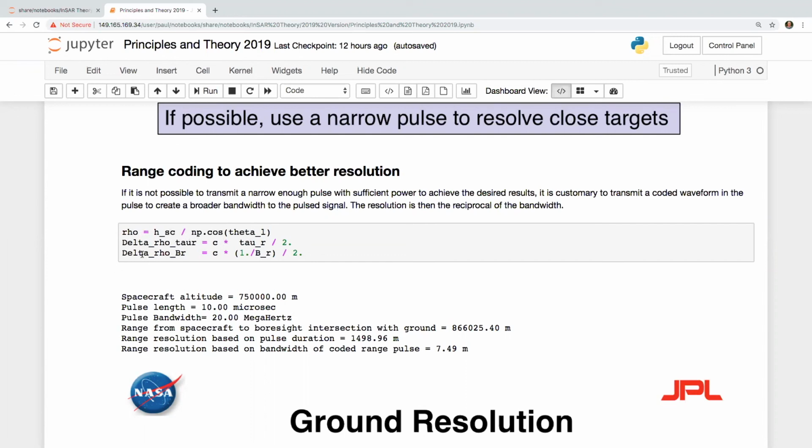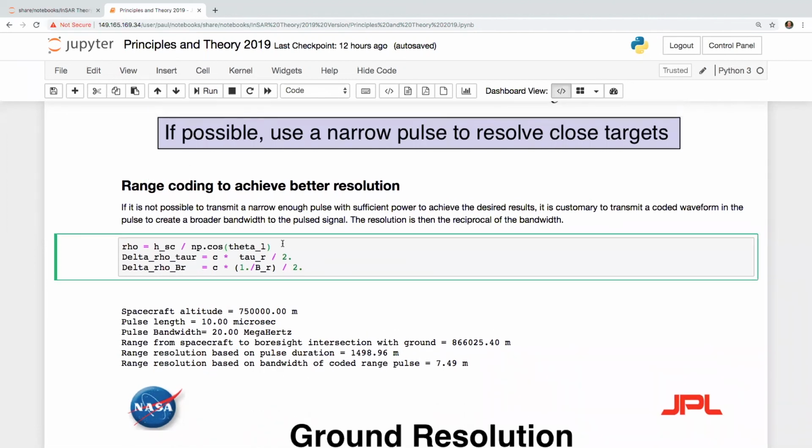And then I also calculate what the resolution would be based on a bandwidth, which is in this particular case 20 megahertz bandwidth. And if you go to the other notebook, you'll see how we generate these bandwidths through linear FM chirp, but for this purpose, we don't need to worry about that.